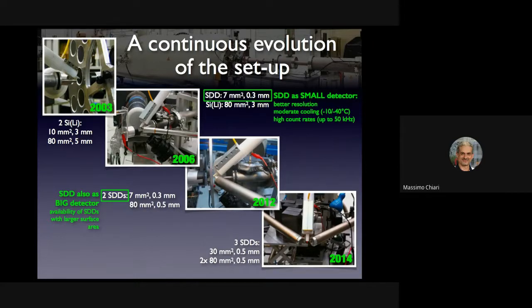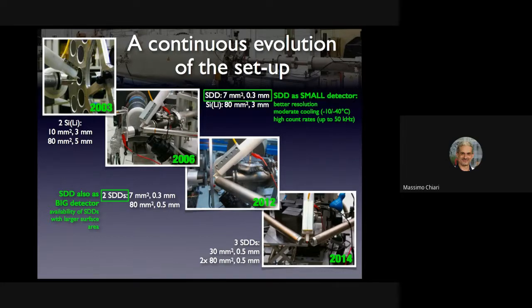And the SDD detectors have indeed advantages with respect to the silicon-lithium drifted, the Si(Li) detectors that first made up our setup. So you see, in 2003 we were just using two Si(Li) detectors.